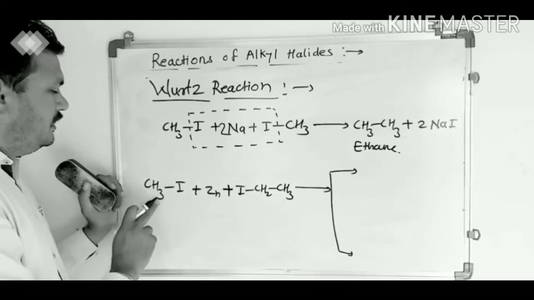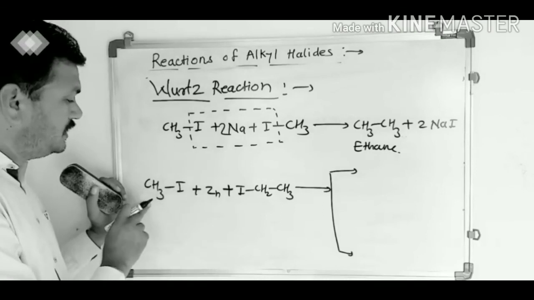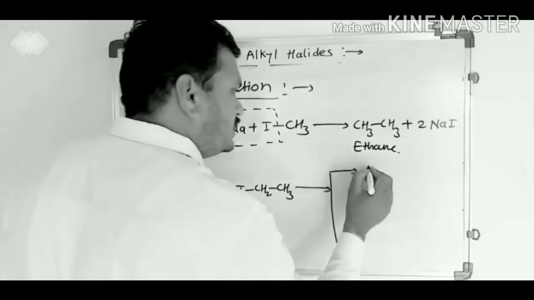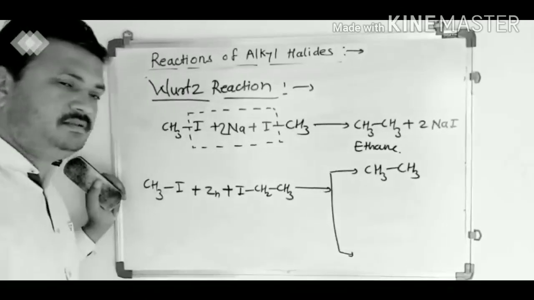In one possibility, 1 mole of methyl iodide reacts with another mole of methyl iodide, and formation of ethane takes place.